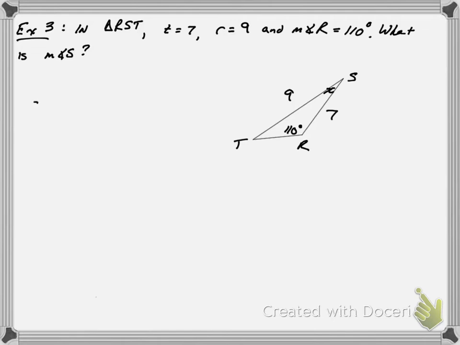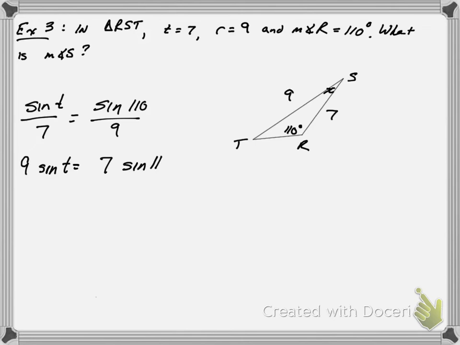So I could take the sine of T over 7 equals the sine of 110 over 9. Once I solve for T, I could just subtract from 180 to get S. So you cross multiply, 9 times the sine of T equals 7 times the sine of 110.